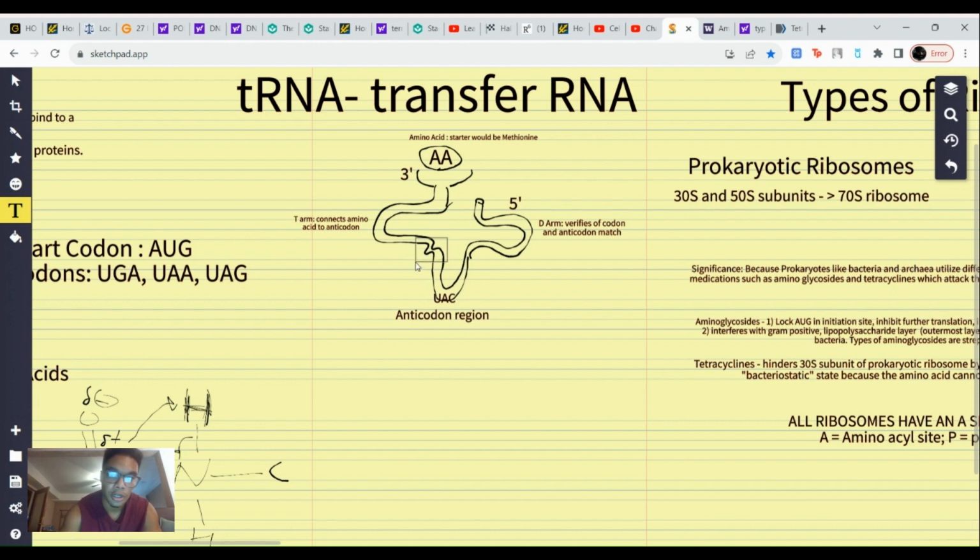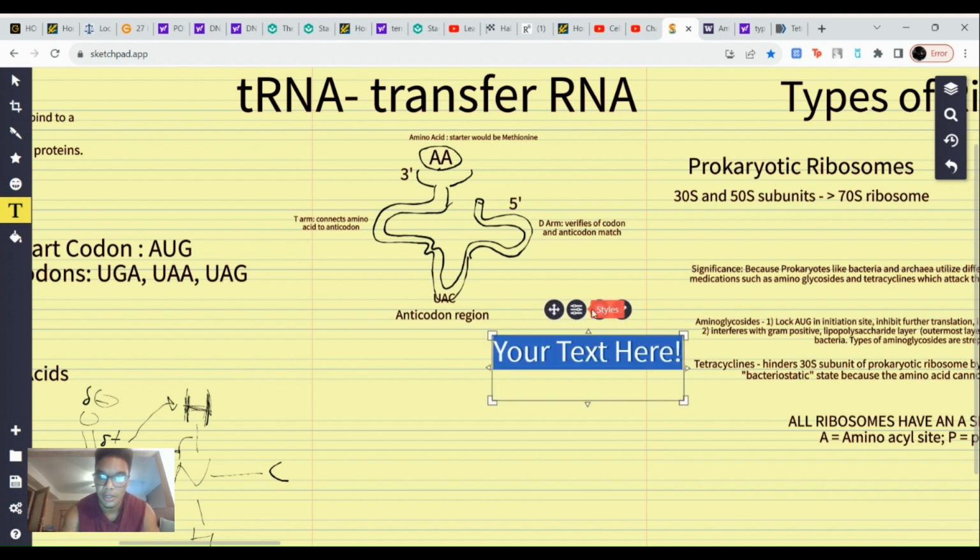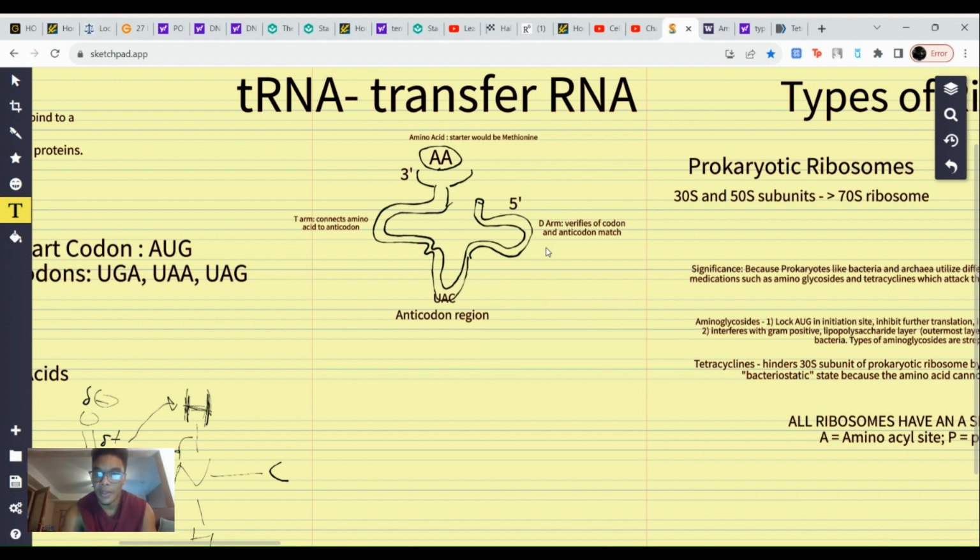So this little horn I mentioned earlier is the variable region, I believe it was called. It's different for each tRNA and doesn't really hold any significance for the sake of this lesson. Then the D arm on the right here basically verifies the identity of the codon and the anticodon, and it makes sure they match. If it matches, it says good to go, let's start translating.